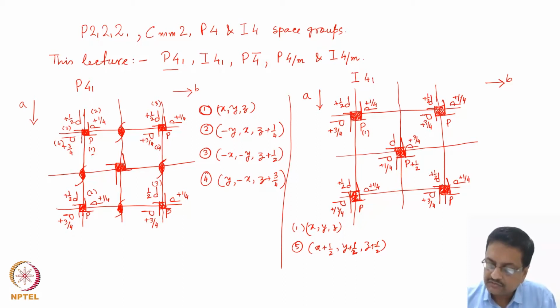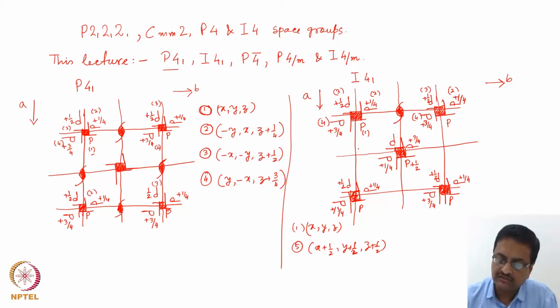This is 3/4. So now what we see is between 1, so this is 2, 3 and 4. So this point is nothing but point number 3, and this is 2, this is 4. So between 1 and 3, once again we see that there is a two-fold axis and a translation.